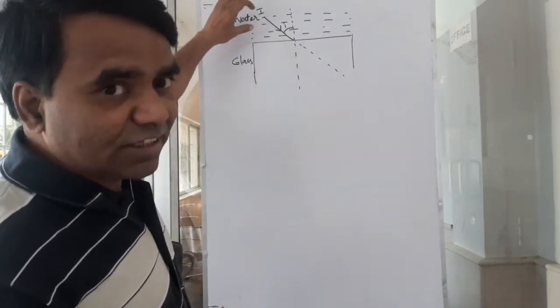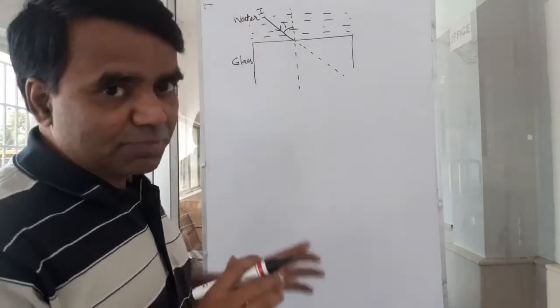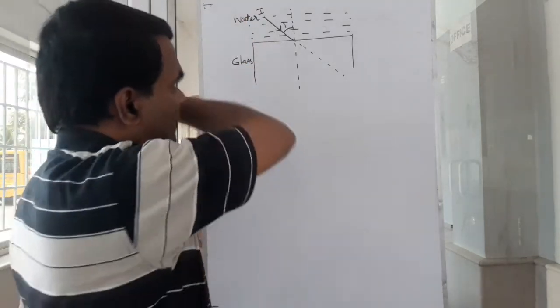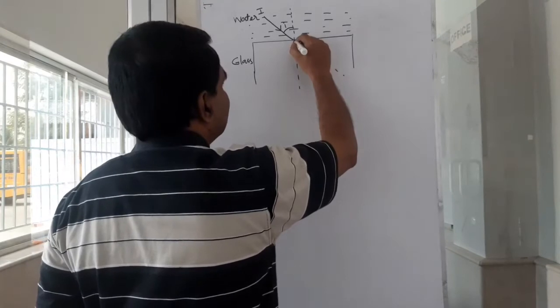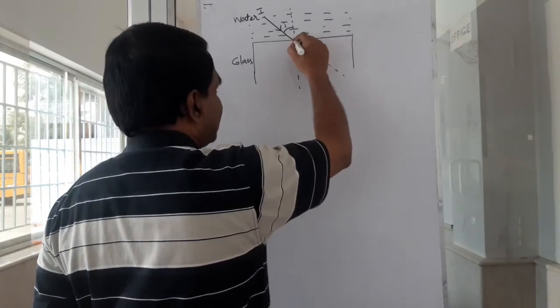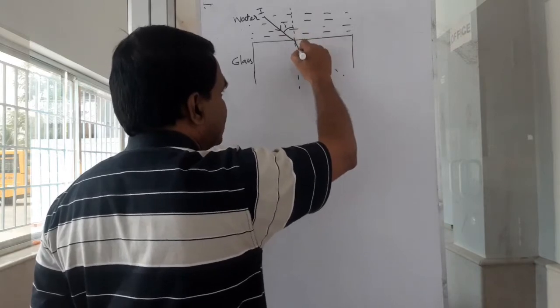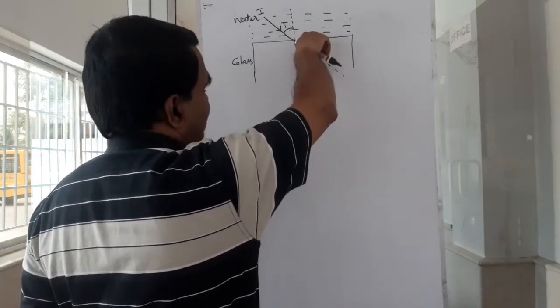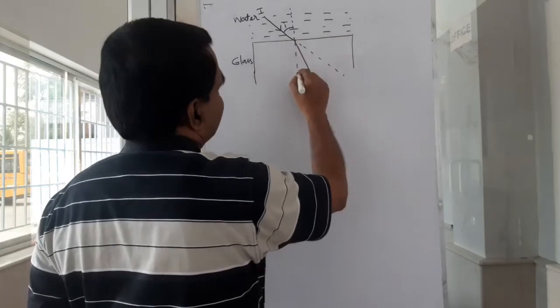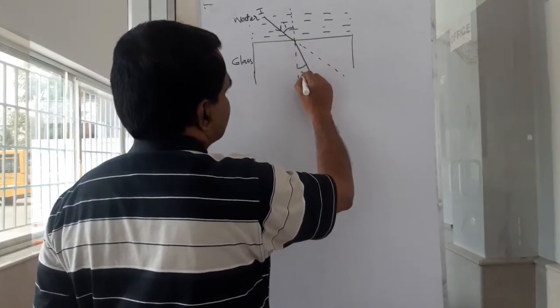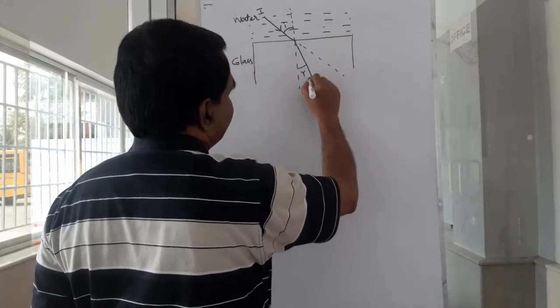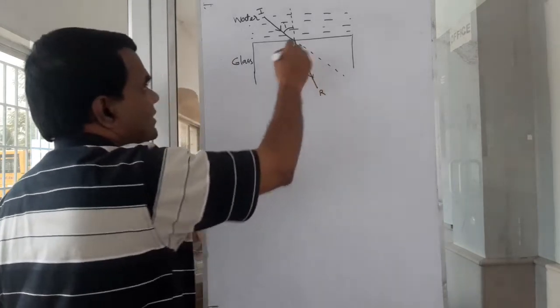Water is an optically rarer medium and glass is an optically denser medium. So the refracted ray will bend towards the normal, instead of going straight. So I got this r. This is the refracted ray and this is the angle it makes.